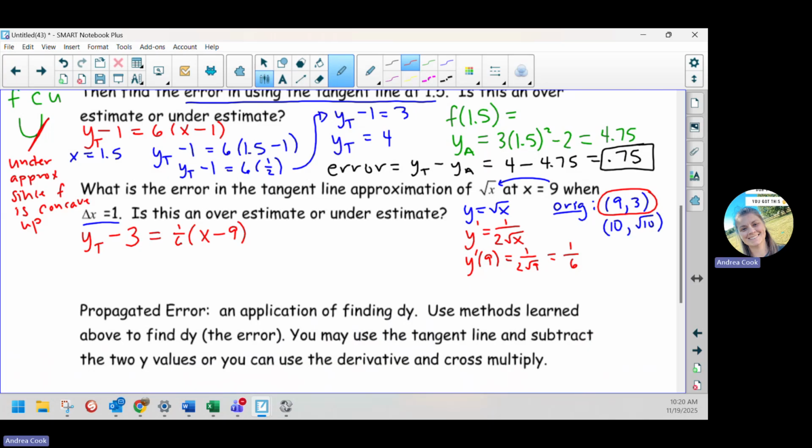And then in our tangent line, we're going to plug in, so this delta x equals 1 means that x is turning to 10. So in my tangent line, I'm going to plug in 10.